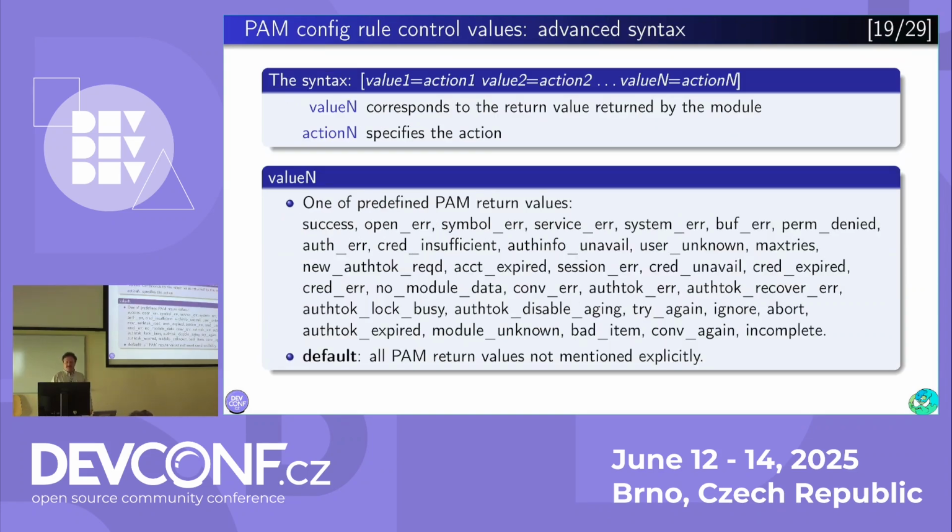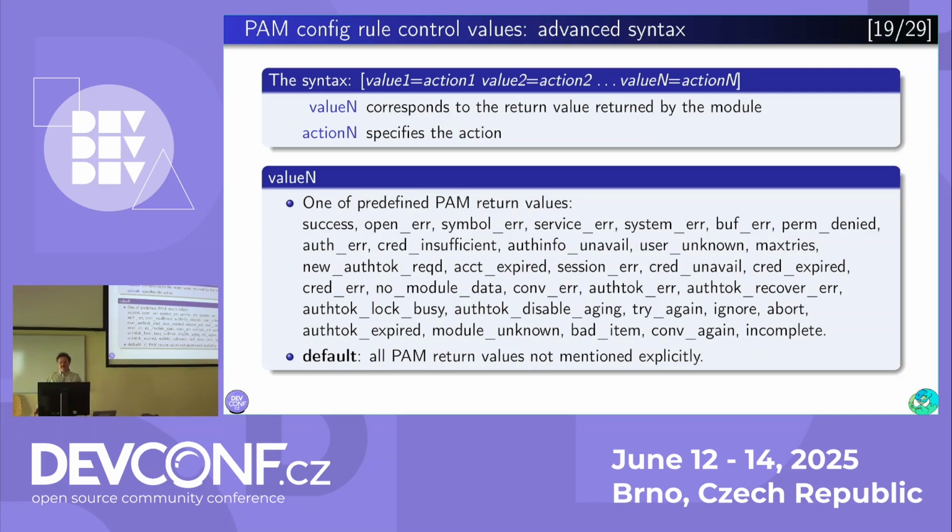Okay, this is getting more and more mysterious. There is an advanced syntax that some people are not aware of, and it allows you to do more complicated things. The syntax is that for each return code from the module you care about, you can specify an action.